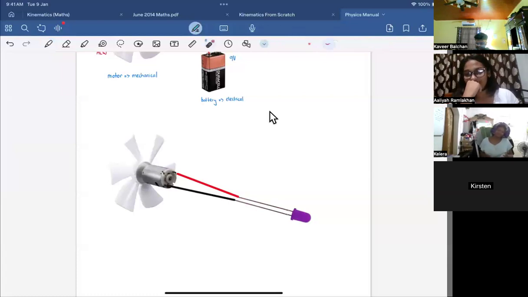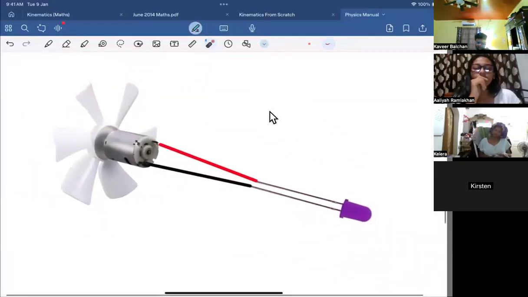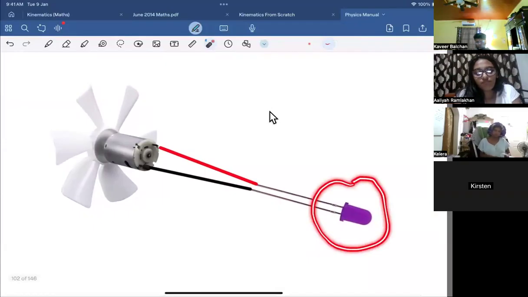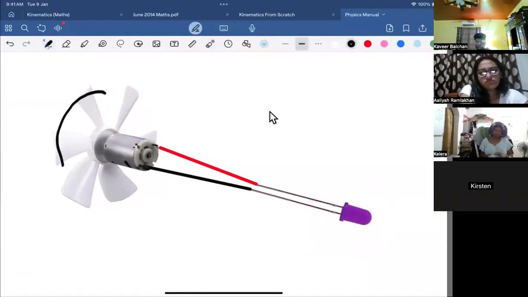So, in this diagram here, let's see any battery. No. So, should this LED be lighting? No, it shouldn't, because there isn't a battery. But what will happen if I spin this? Make a guess.